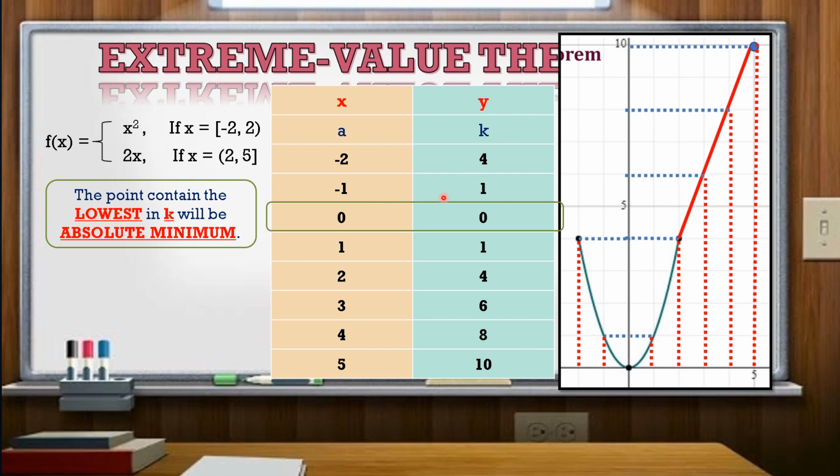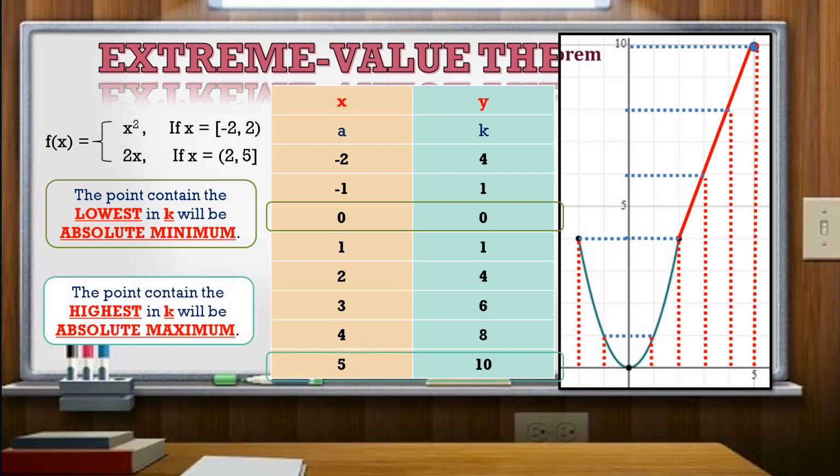Kung ano yung value ng y natin or k na pinakamababa, 0 or negative numbers, okay, or pinakamababang positive numbers na makita sa y or k, that is your absolute minimum. Okay? Kung yung value naman ng k or y is pinakamataas, saan yung pinakamataas dito? Ito yung 10. If x is equal to 5, that is your absolute maximum naman. So, yun yung extreme value theorem natin.